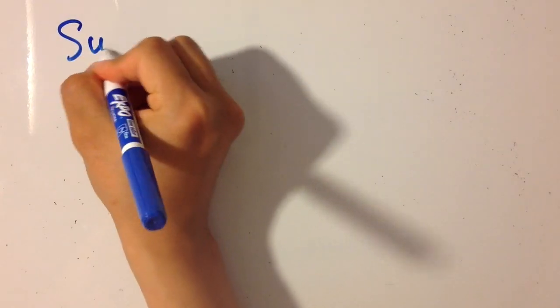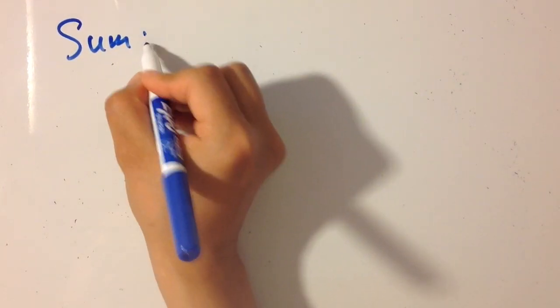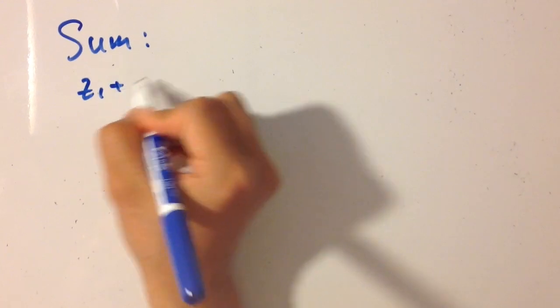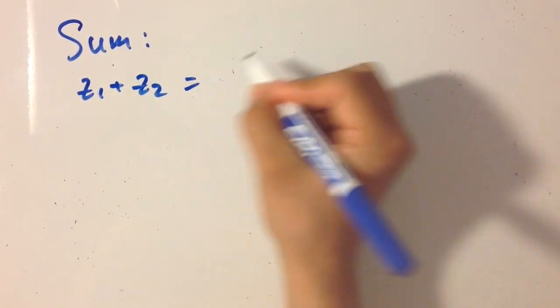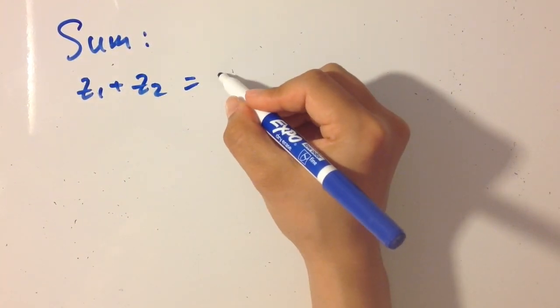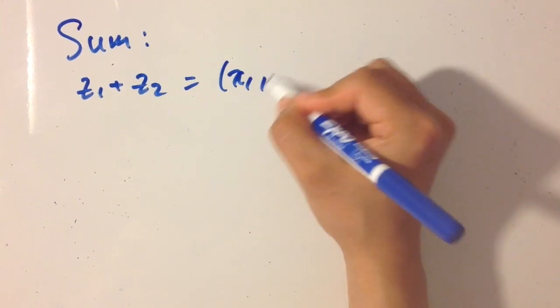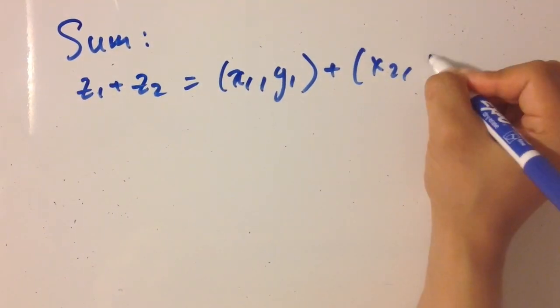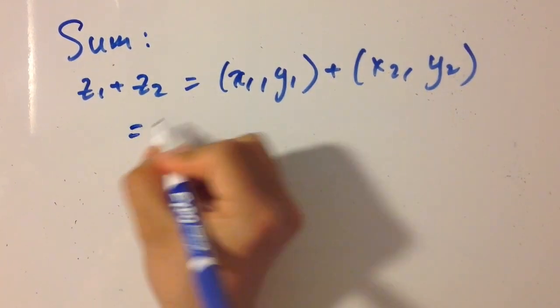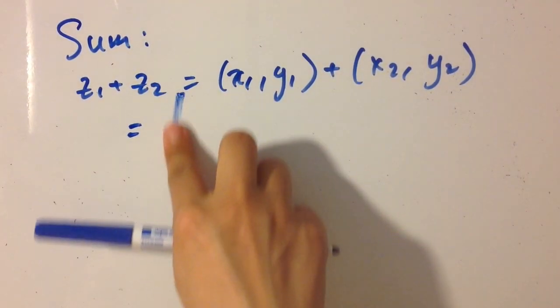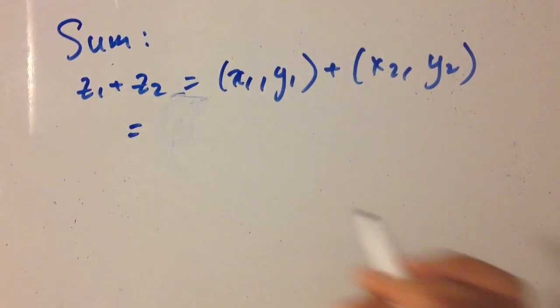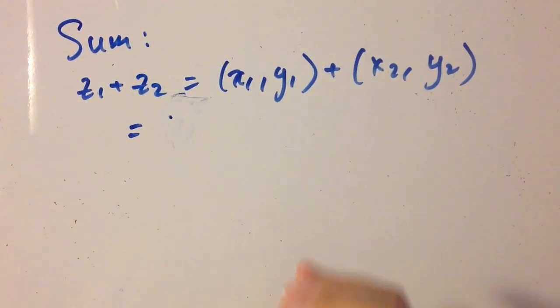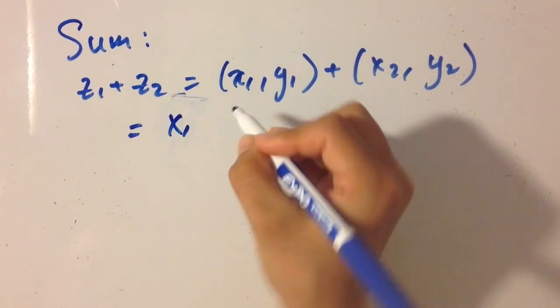To find the sum is much simpler. The sum is just given by z1 plus z2 is equal to x1 y1 plus x2 y2, which we can rewrite using the imaginary number.